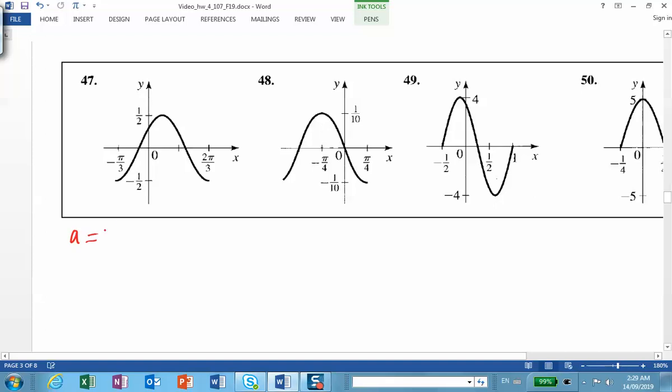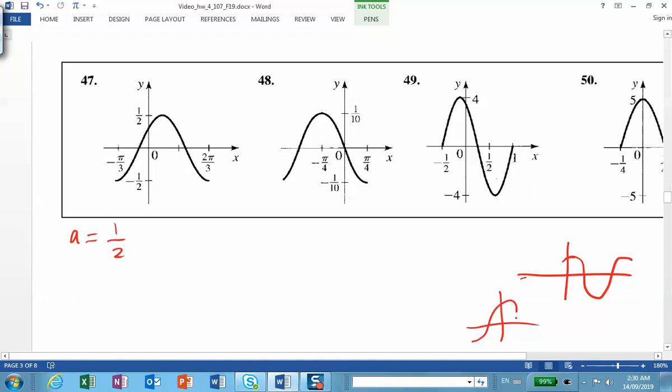We are dealing with a cosine curve, but notice that it's inverted. In other words, if you draw the cosine curve, it looks like that. But what I have here actually looks like this.